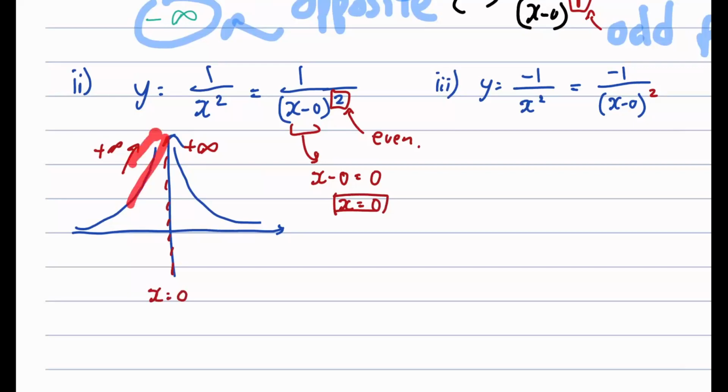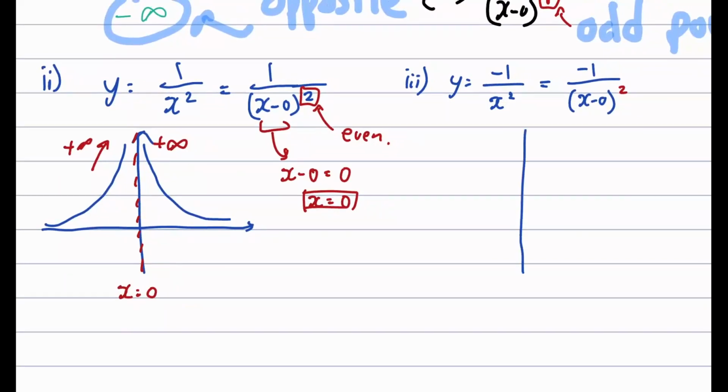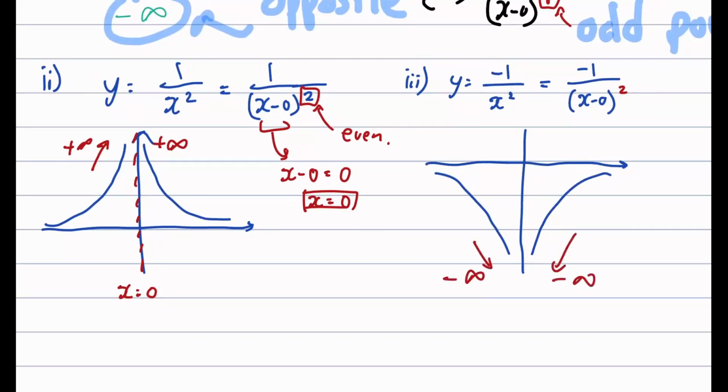And you approach the vertical asymptote in the same direction, both going towards positive infinity. How about this other case? If it's negative, you just reverse the direction, right? It goes downwards instead. So they both go towards the same direction, negative infinity. And the asymptote is still x equals 0. Is that okay? Good.